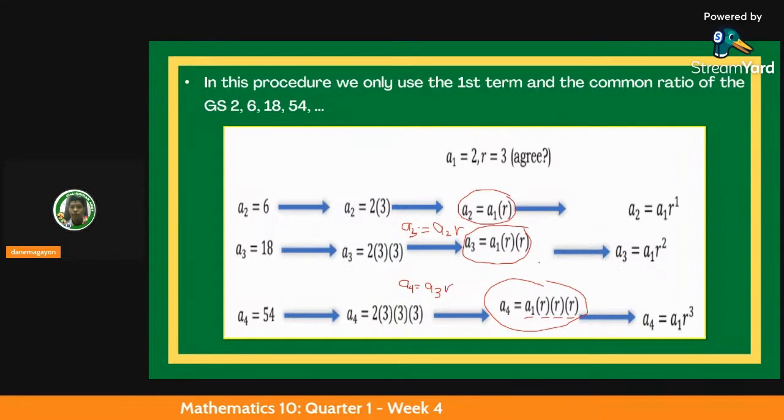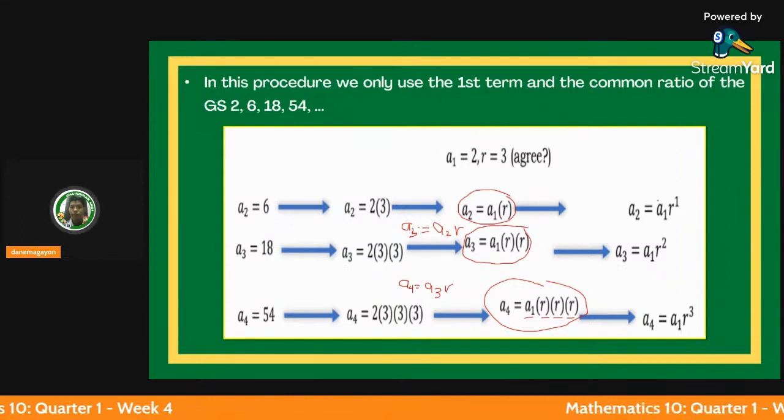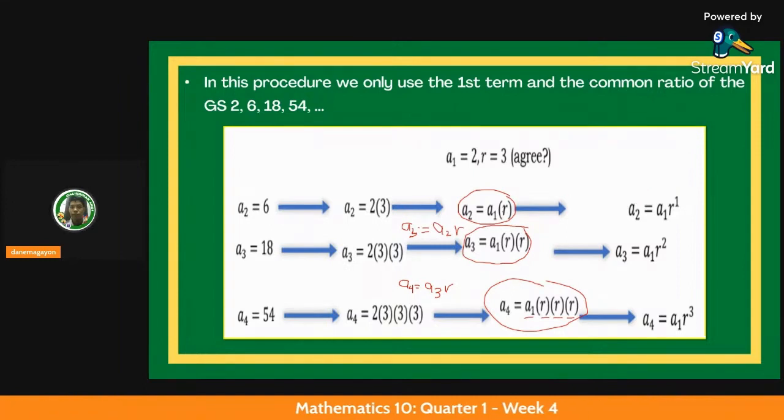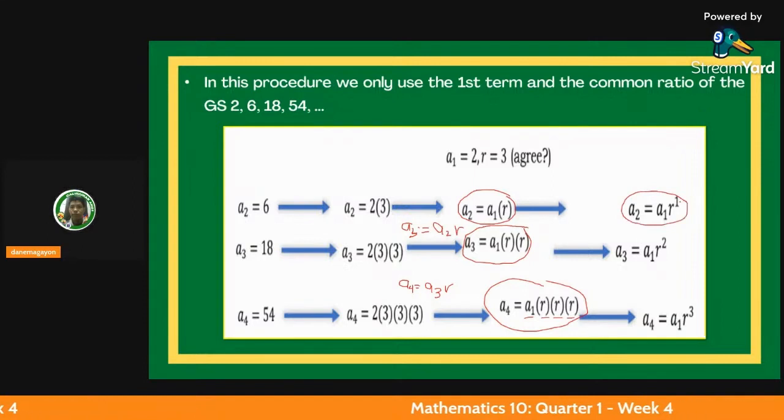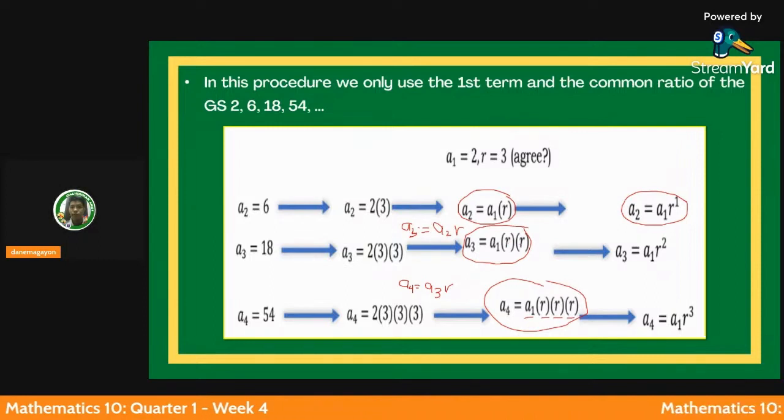So yun nandito, yung circle na set, you can rewrite this using itong given natin na to. Like for example, itong part na to, pwede naman na siya as is na to. So we have a sub 2 is equal to a sub 1 times r. Actually, no need to write 1 na nga siya kung tutusin eh. Then for a sub 3, diba, you multiply r by r, applying the laws of exponent.